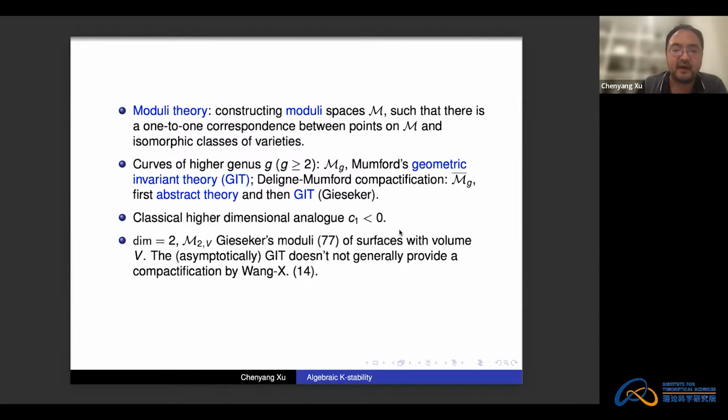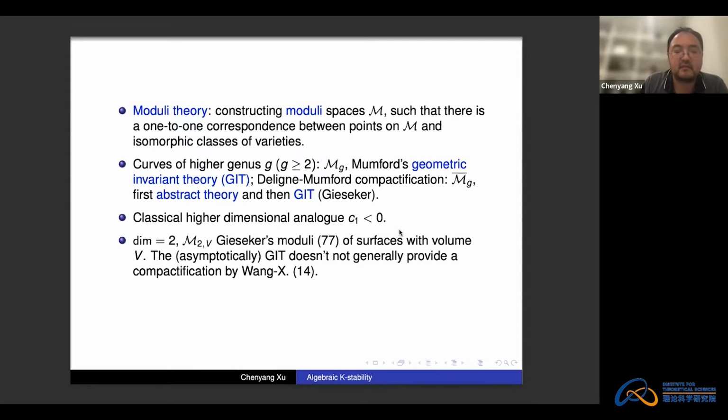And later, Deligne and Mumford constructed a compactification of this M_g, called M_g bar, through stack theory. Then later, Gieseker showed that GIT also gives a compactification, a construction of M_g bar.